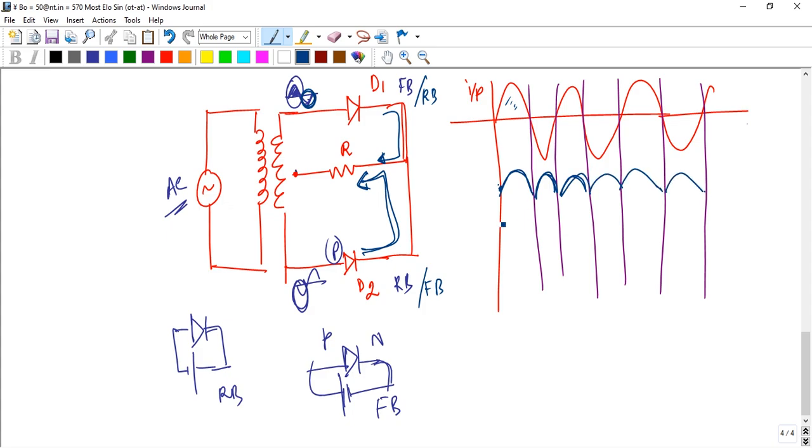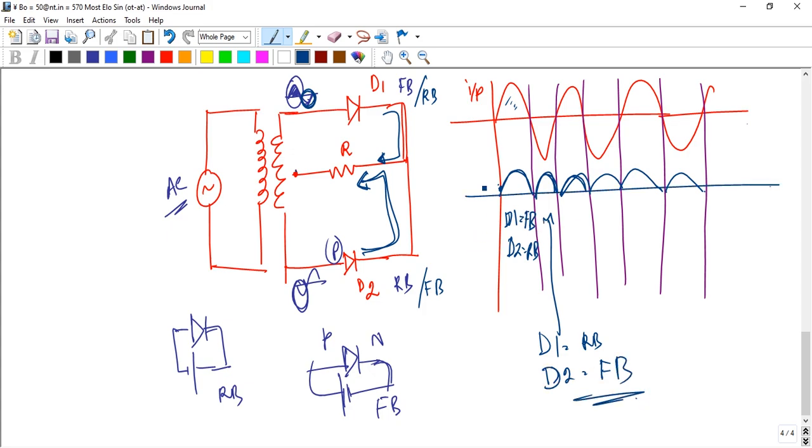That's the full wave rectifier, and this is the full wave output.